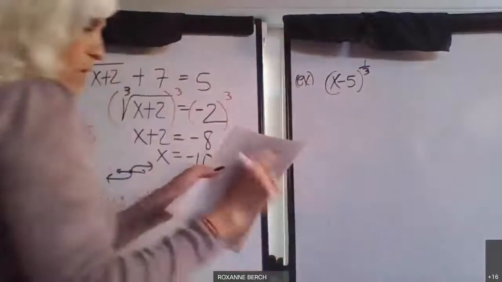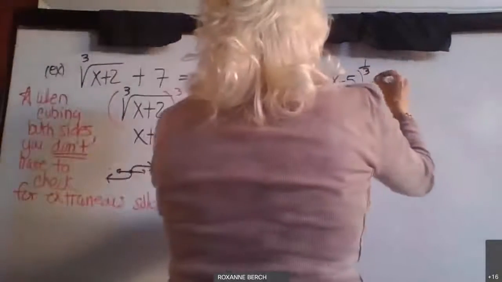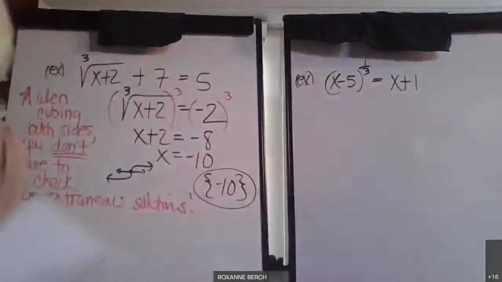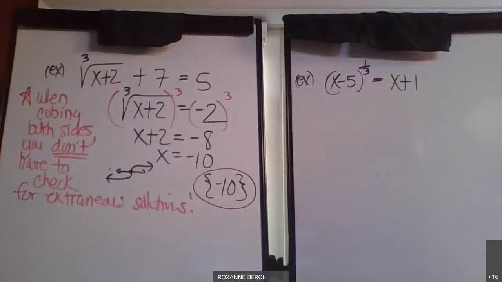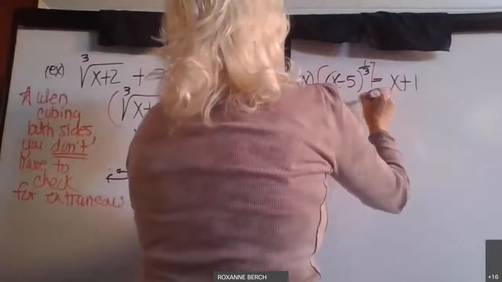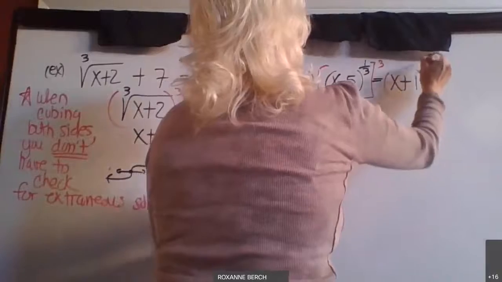So let's look at one with rational exponents. So you isolate the cube root. It's a cube root, right? Don't change it to a radical. We're going to cube both sides.